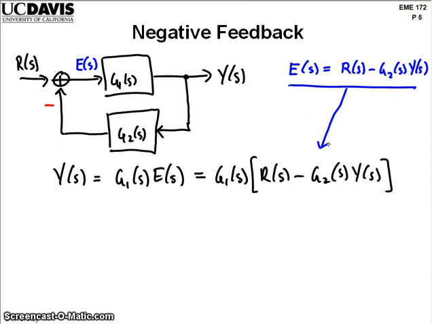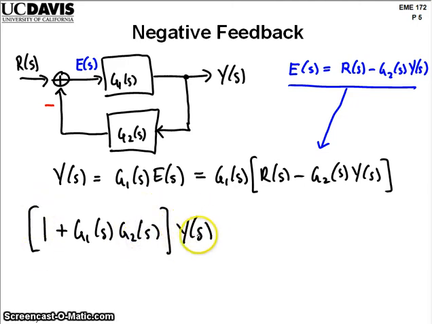Okay, and so now what I can do is I'm going to collect all the terms that involve y on the left-hand side, right? So clearly I have g1, g2 times y on the right-hand side, so I'm going to push that over to the left. And so when I do that, I get 1 plus g1, g2, whole thing times y is equal to g1 times r.